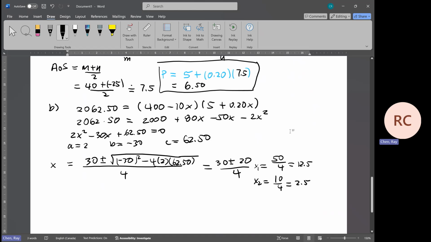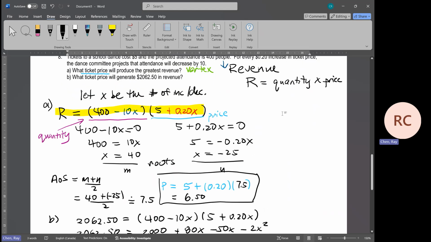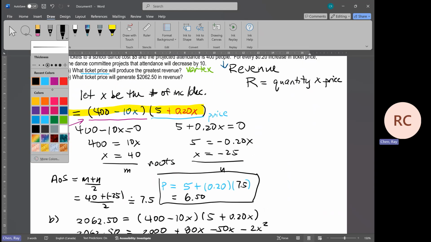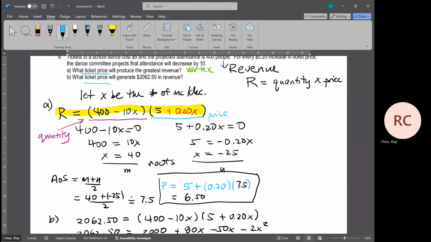But what I'm trying to share with you, and I know it seems kind of weird, we're going to sub in both those answers in our, and let's scroll back up, that ticket price. That ticket price was this portion. So that's all we have to do.